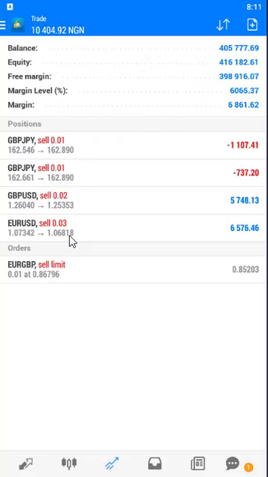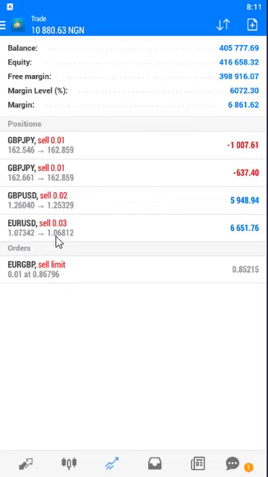So that means after selling, the market has actually moved up or it has moved down. Let me ask you. So think about it. If I sold at this price, 1.07342, and now the market is trading at 1.06814, that means after selling, the market has moved down or up. Think about it. Just think about 1.07342 and 1.06.